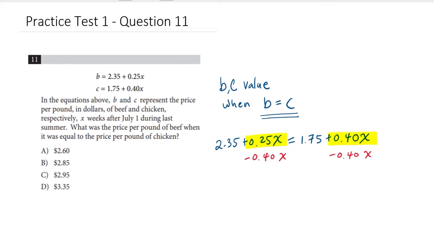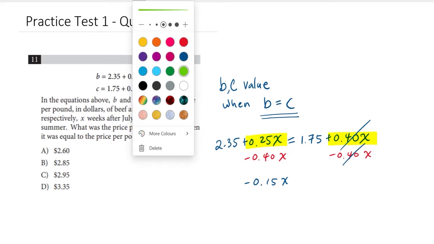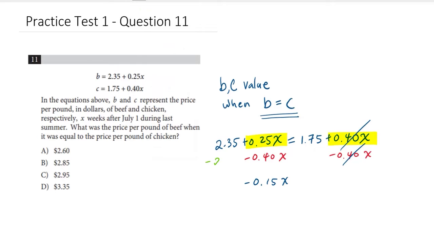Okay, so it will be negative 0.15x, and these are gone like this, and then we're gonna subtract 2.35 from each side.